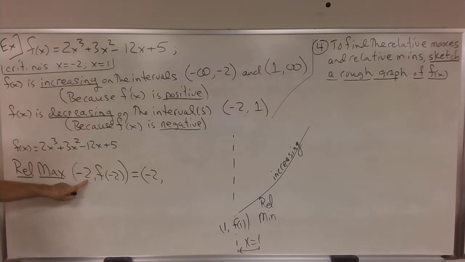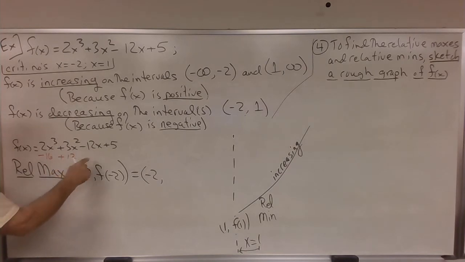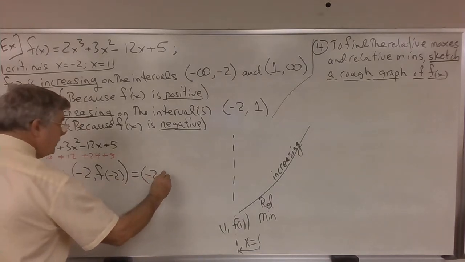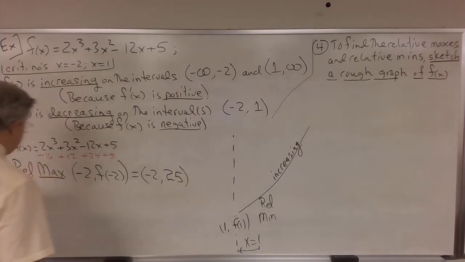If I plug -2 in here, that's -8 times 2 is -16. -2 squared is 4 times 3 is +12. -2 times -12 is +24. +5, so let's see. I have 12 plus 24 is 36, and then 41. -16, I guess that's 25. So -2, 25, that's my relative max.